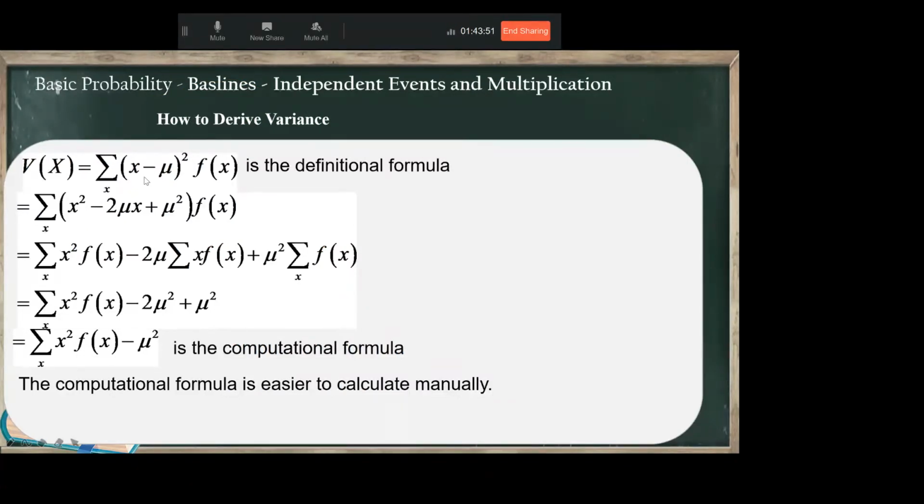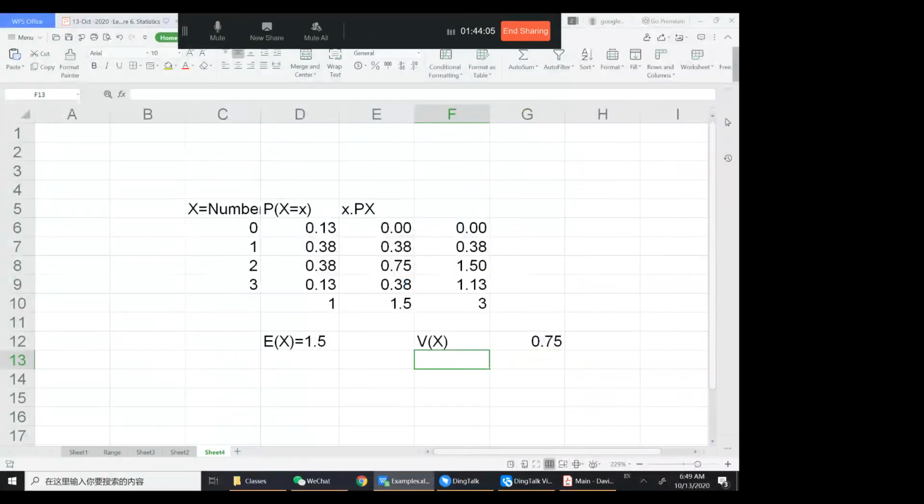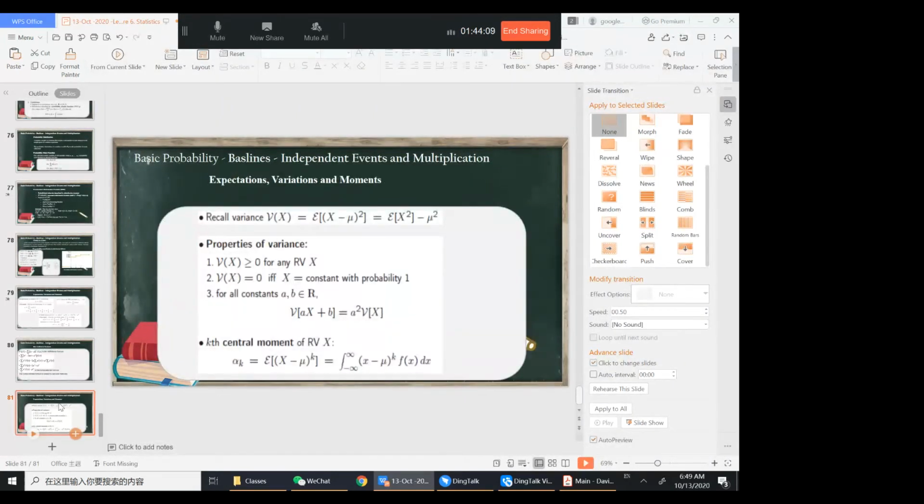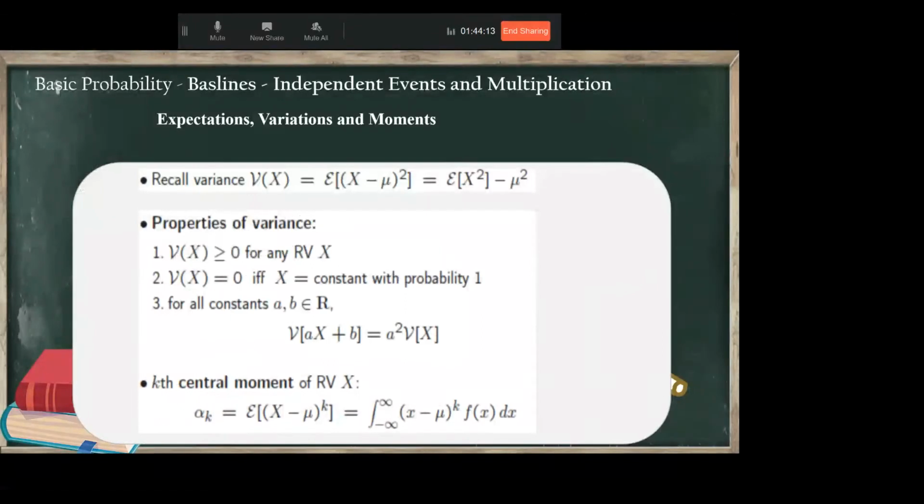So now these are the definitions of how to derive variance. So variance of x is (x minus mu) square. So that's what exactly we do. This is mean, right? So the variation from mean. Just 1 minute, and we will finish soon.